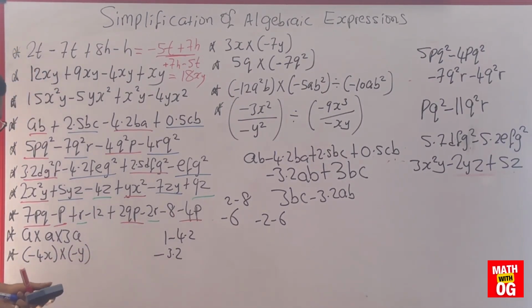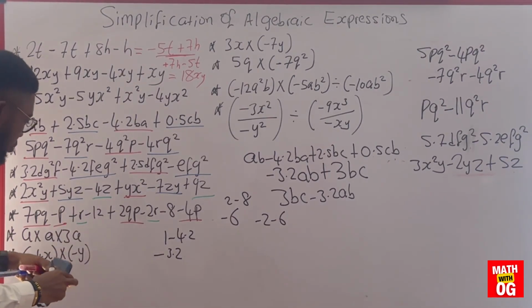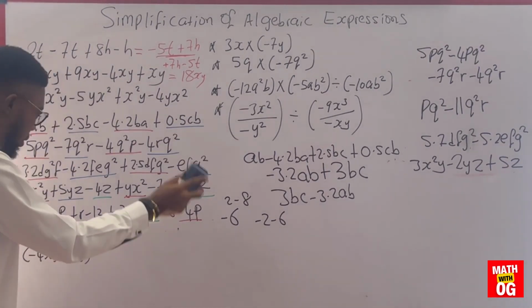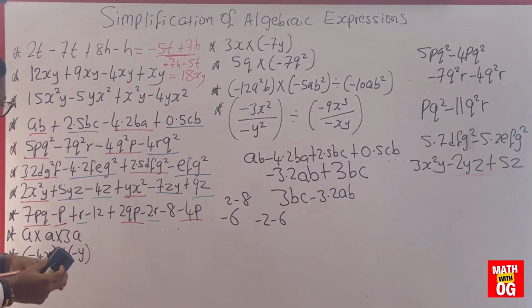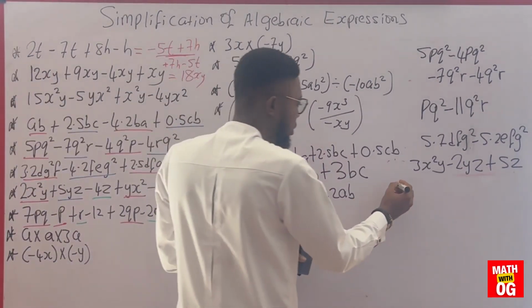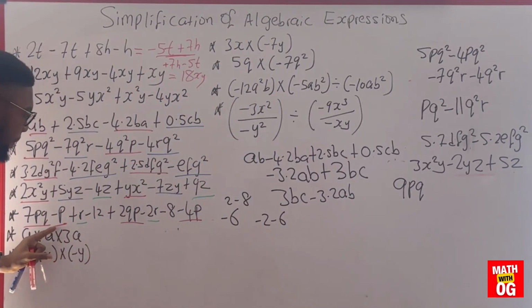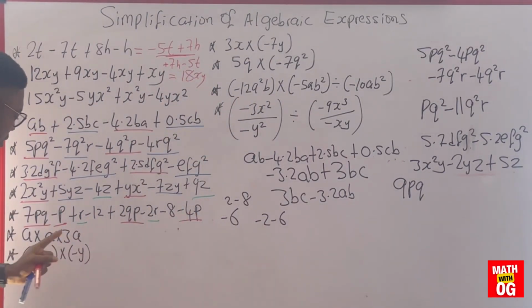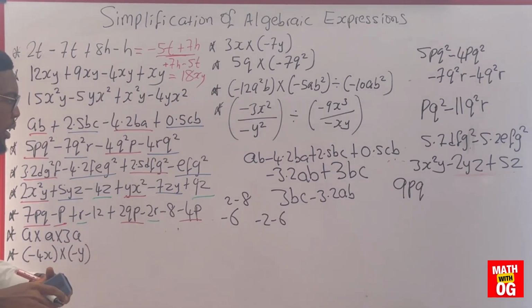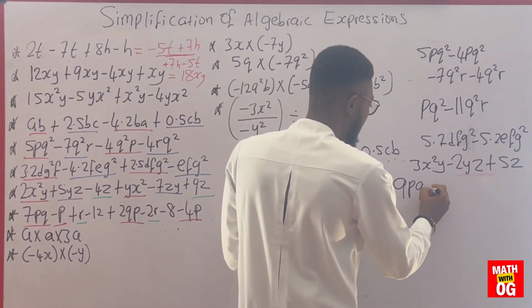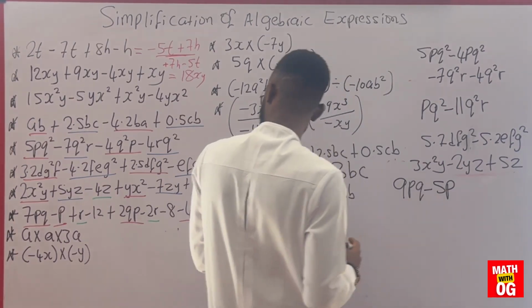Let's start with PQ. 7PQ plus 2PQ will give us 9PQ. Then next, you have minus P minus 4P. That's minus 1P minus 4P, which will give us a negative 5P.